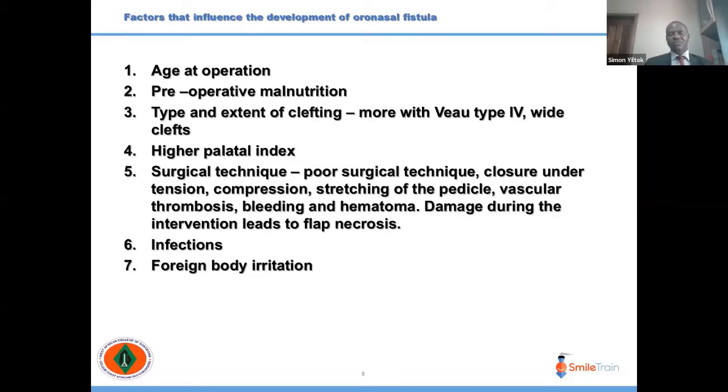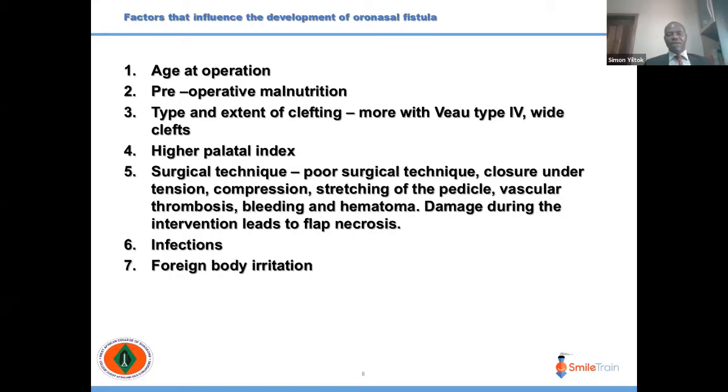More so for those who have cleft palate, they don't tend to feed very well, so they present with malnutrition. Then when you have a wider cleft, especially the Veau type 4, which is quite wide, repairs will be under tension and require so much dissection that it can lead to tissue damage.